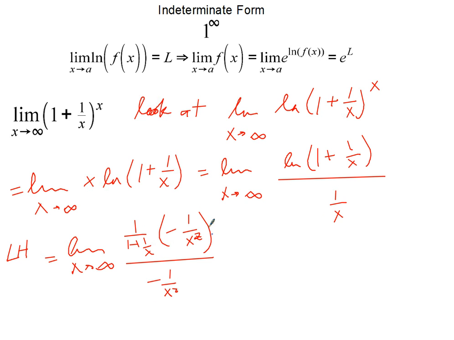The negative 1 over x squareds will cancel out, and we're just left with 1 over (1 + 1/x), which gives us 1 over (1 + 1/infinity). 1 over infinity is 0, so we end up with 1. But we're not finished, because this is only the answer to the limit of the natural log of our original function. So we have to exponentiate this, make this e to the first power, or e.